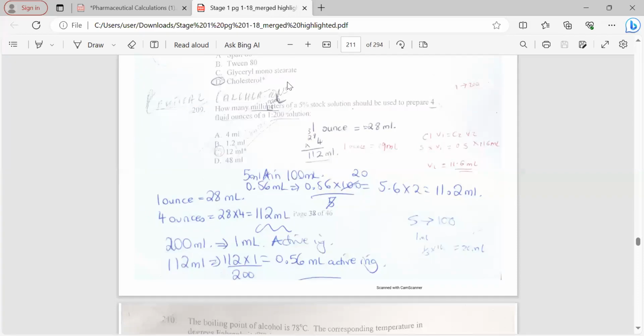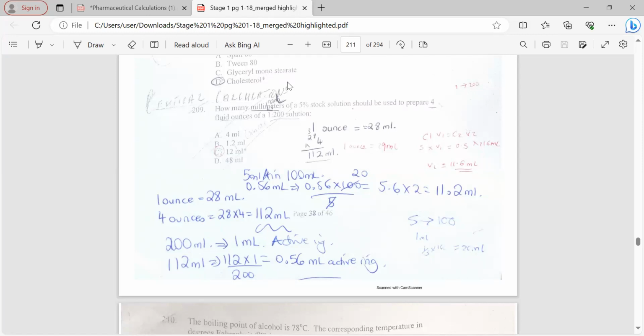So we want to know how many mLs we need to make our 120 ml.